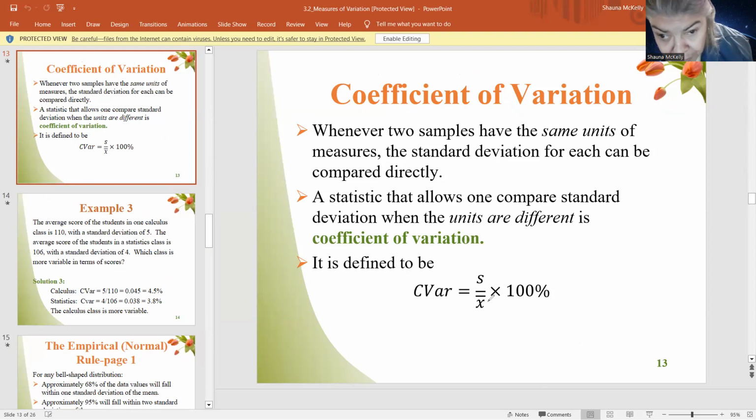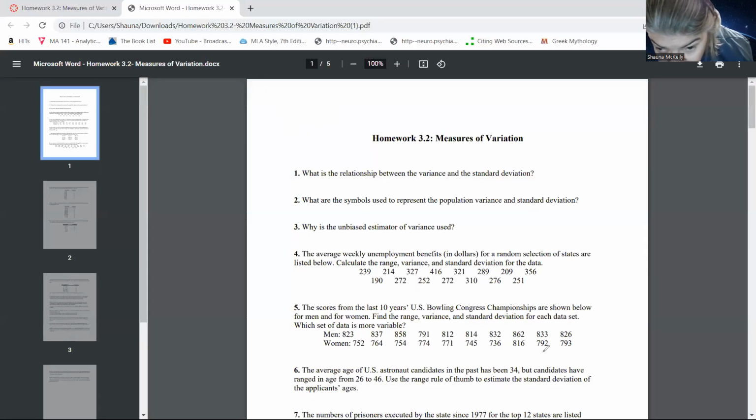So what you would do is, if you go back to homework here. Okay. Okay, so after you find there's a men's sample and there's a women's sample, right?